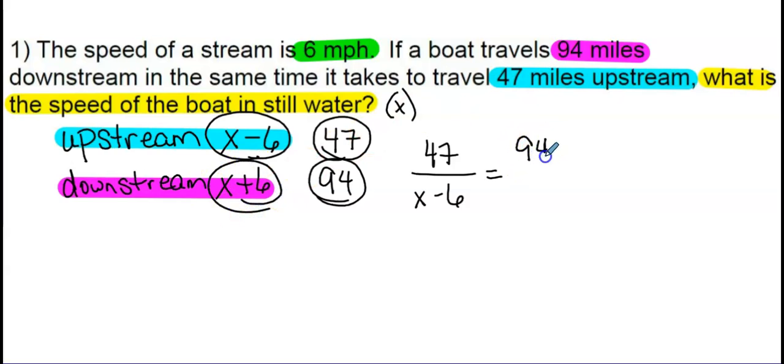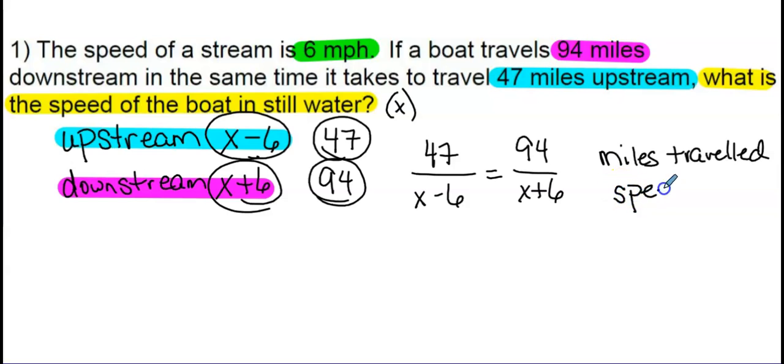So it's a proportion where you have the miles traveled in the numerator, and you have the speed going upstream and downstream, the speed of the boat, in the denominator.